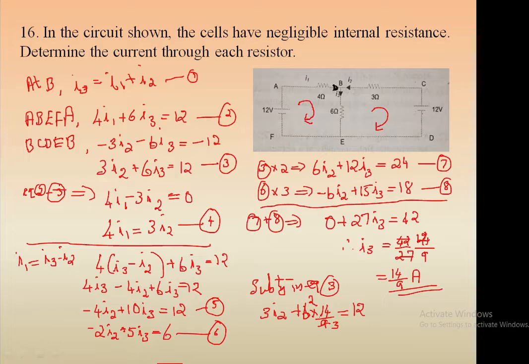So 28 by 3. So therefore I2, I can express, that is 3I2 equal to 12 minus 28 by 3.